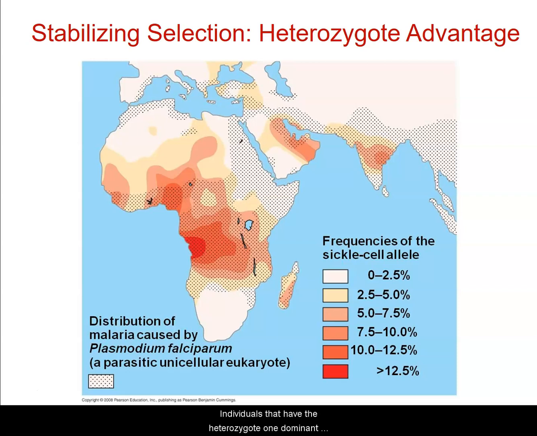Individuals that have the heterozygote, 1 dominant and 1 recessive, have essentially partial sickle cell anemia. You have some regular blood cells and some sickle cells. So you don't die from malaria, but you also don't die from sickle cell anemia. So again, stabilizing selection is a favoring of the intermediate phenotype in an environment over the extremes.